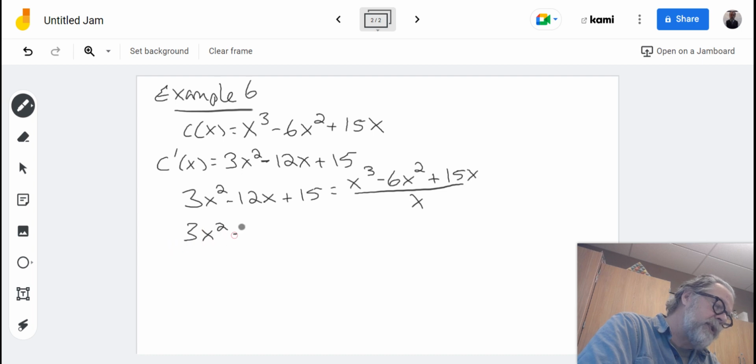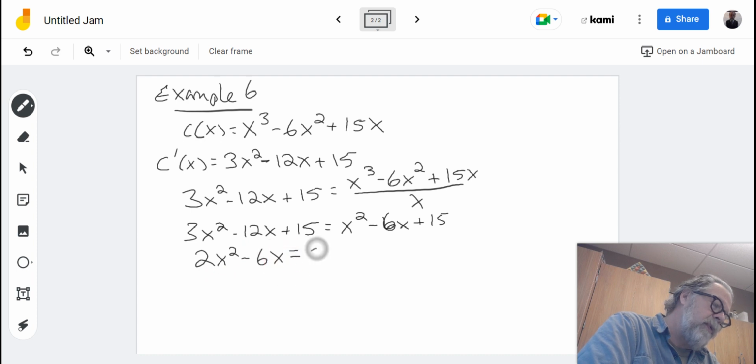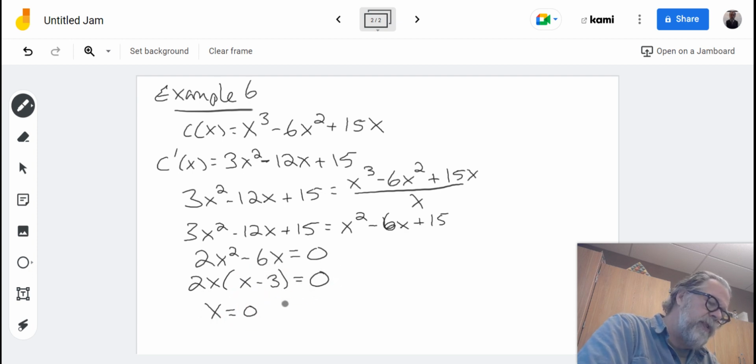Simplifying, we get 3x squared minus 12x plus 15 equals x squared minus 6x plus 15. And this gets us 2x squared minus 6x equals 0. Doing a little bit of quick algebra, we get that x equals 0 or x equals 3.